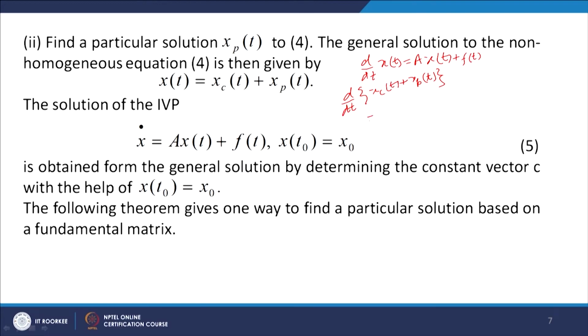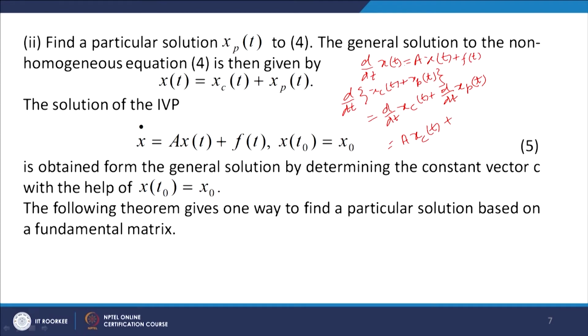Then d over dt of x c t plus x p t, we know this is d over dt of x c t plus d over dt of x p t. Now, x c t is the general solution of the homogeneous system dx by dt equal to a x t. So, we get here d over dt of x c t equal to a x c t. x p t is a particular solution of this system 4.